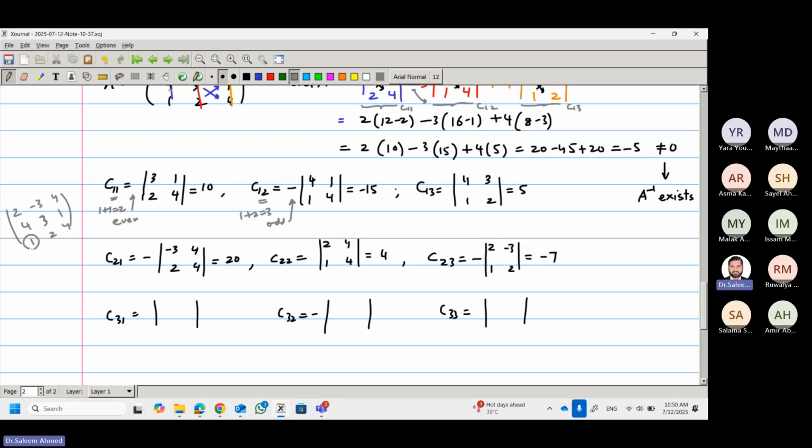Now the third line, first column. So this row, this column is gone. So 3, 4, 3, 1. So 3 minus 12 is minus 9.